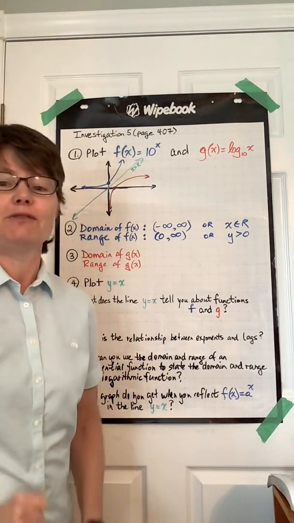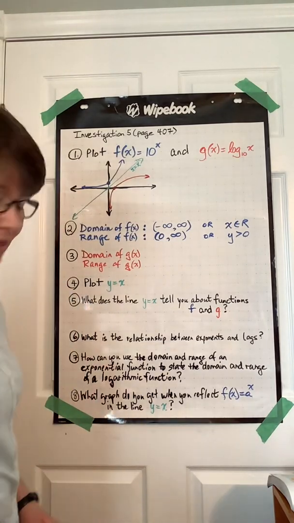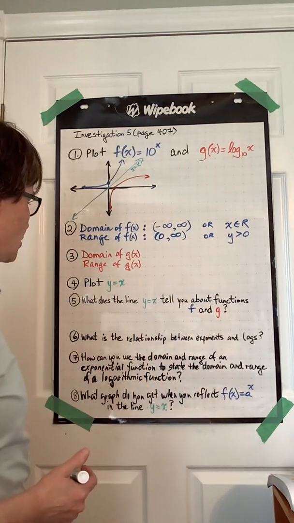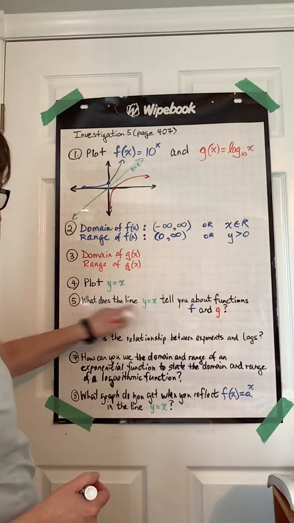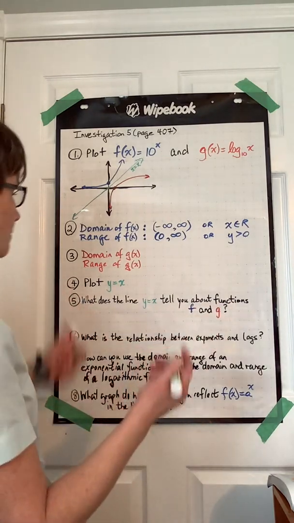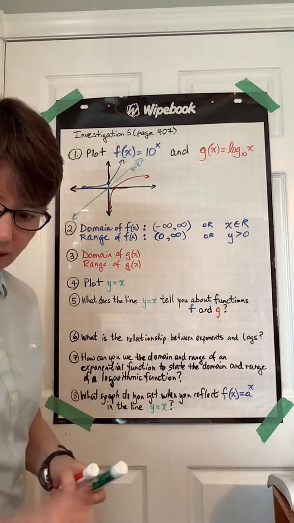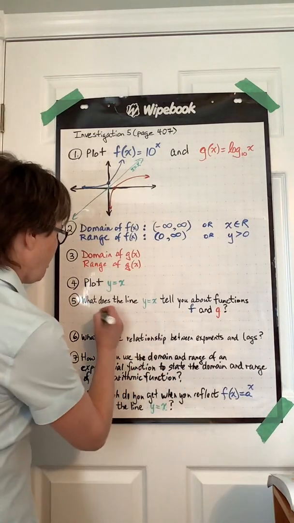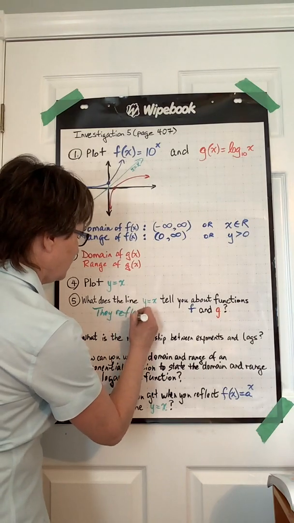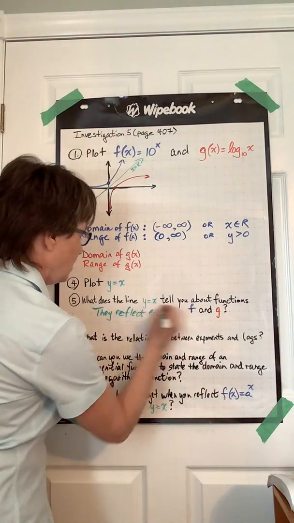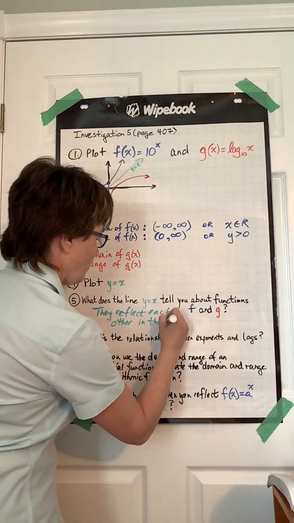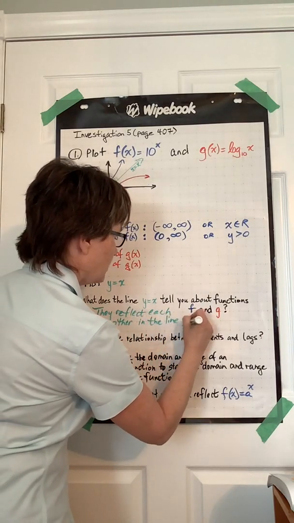And we've studied inverse functions before, so that then tells us that this is an inverse function. Okay, so number 5, what does the line y equals x tell you about the functions f and g? Okay, they are inverses. They reflect each other in the line y equals x.